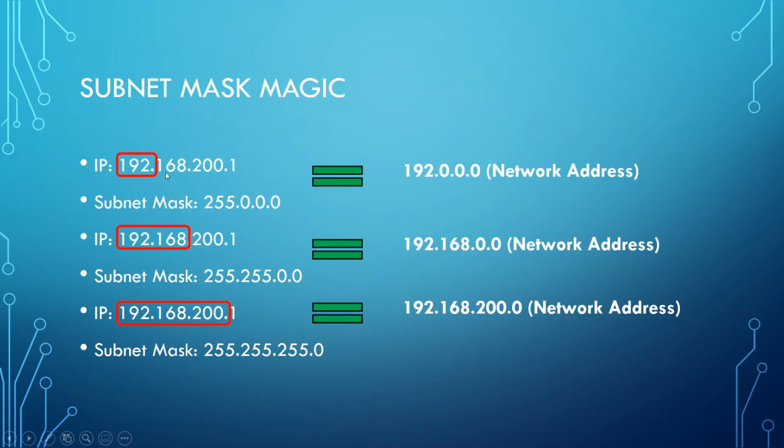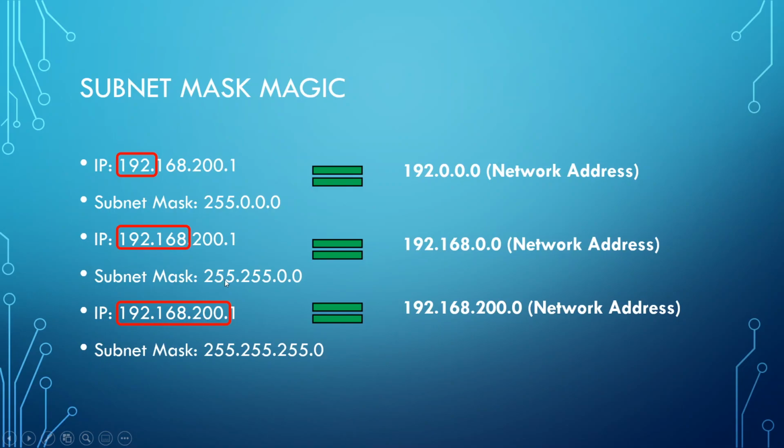So in this case, we have 1, 2, 3, 4 different decimal numbers, and we have a 255 in the first decimal number. So that means that the first number in the IP address represents the network address. So that means that in this case, 192.168.200.1 is part of the 192 network. 192.169.100.5, that's also part of the same network.